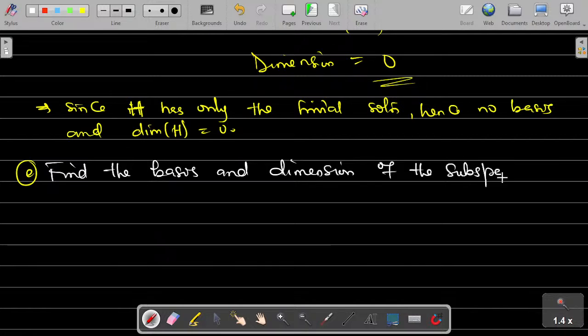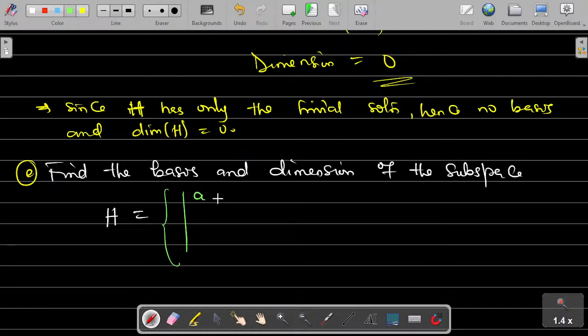They've already told us that this one is a subspace, and they also called it H, and it's equal to the set of representations of 4 vectors here.